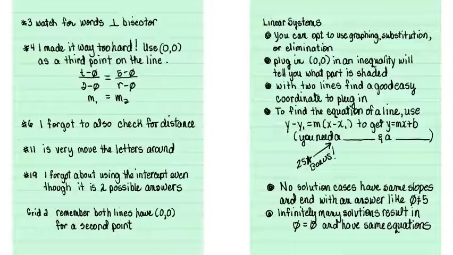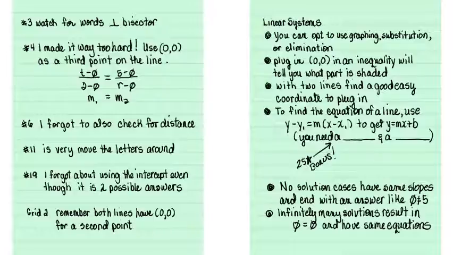Number 4, I made way too hard, forgetting that the 2 points were going through 0, 0 or origin there, and that I could use that to have a slope equal a slope. Number 6, I totally forgot to look and check for distance, being same length equals same length. So I missed the fact that it was 2 and 3, I think it is.